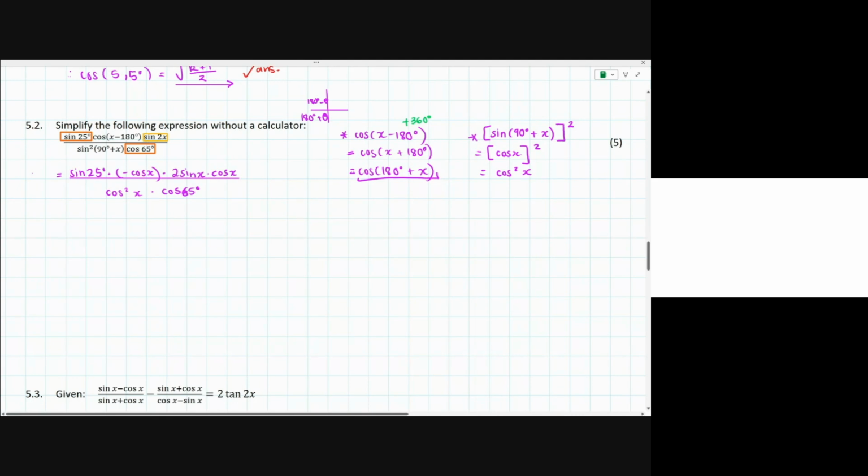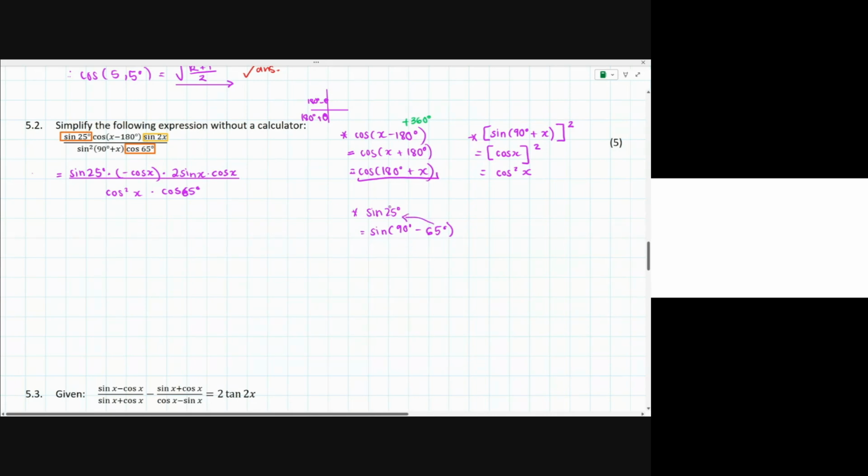Okay, this is now where I would deal with my co-ratio. Now, grade 12s, again, I don't care which one you change. If you change the sine to a cos or the cos to a sine, it makes absolutely no difference. Personally, I would just choose the first one. I would take sine of 25 degrees. Sine of 25 degrees can be written as sine of 90 minus 65 degrees, because 90 minus 65 gives me 25.